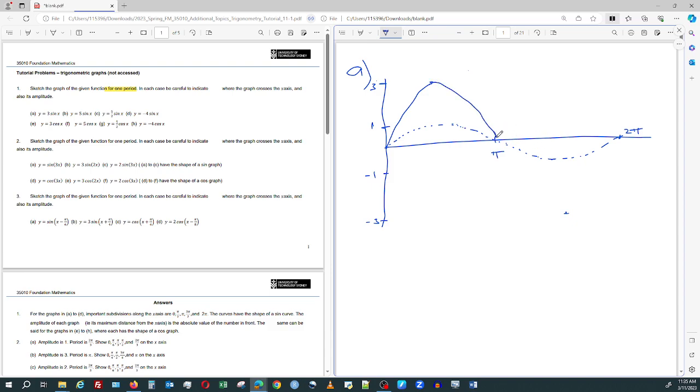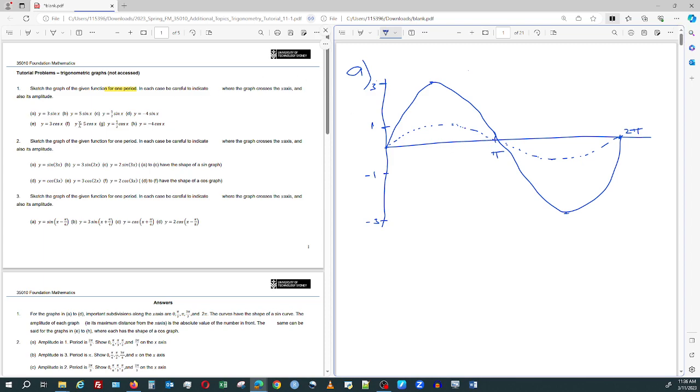And we can easily see how it's impacted by comparison with the other one. So very, very straightforward in terms of what's happening. The period's the same, the displacement is the same, it's just that the amplitude has been increased.